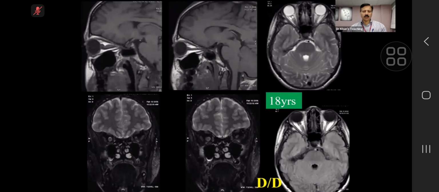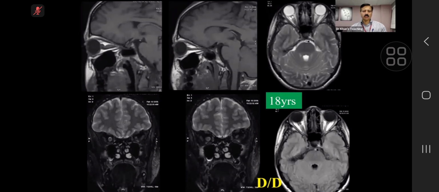Now, optic nerve glioma is a low-grade tumor. So in a child, it is always low grade. And if you go back to the basics about brain tumors, please remember that we grade them into grade 1, grade 2, grade 3, grade 4, according to WHO criteria.